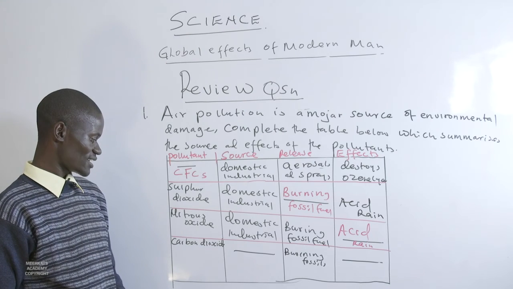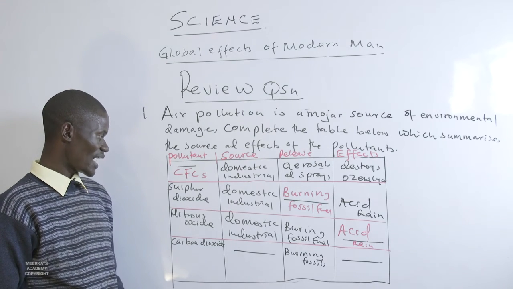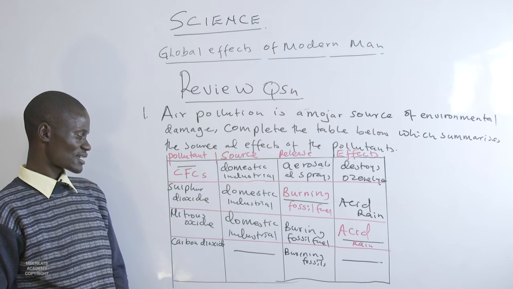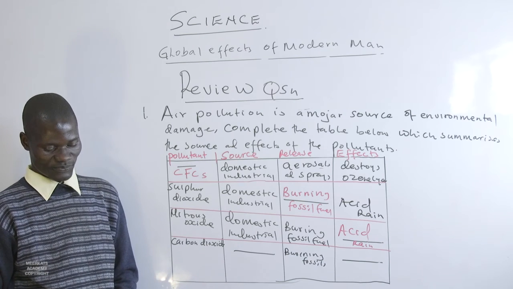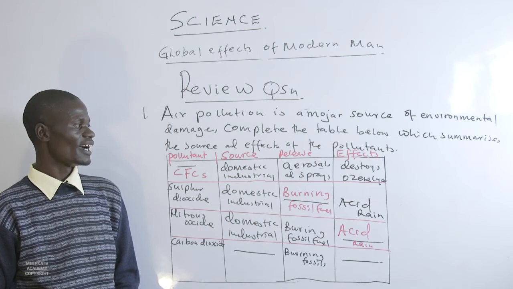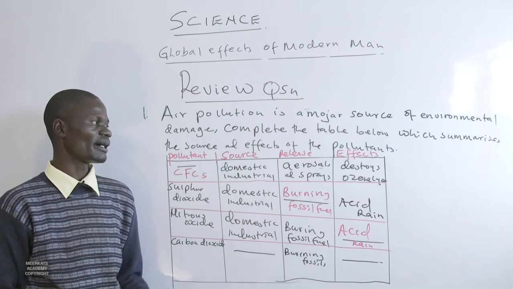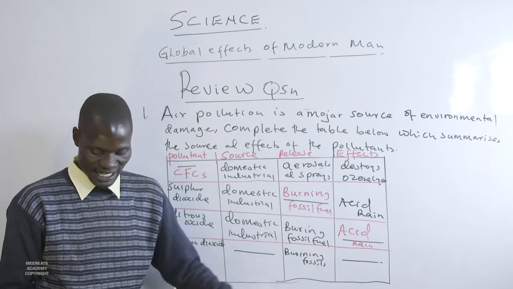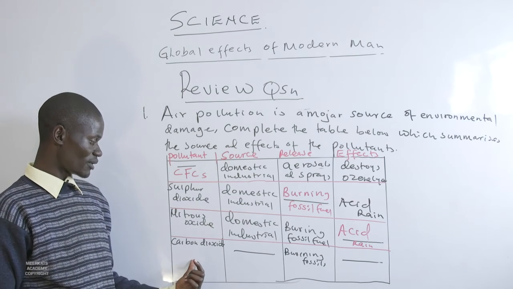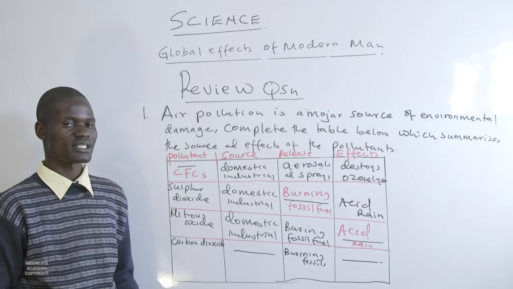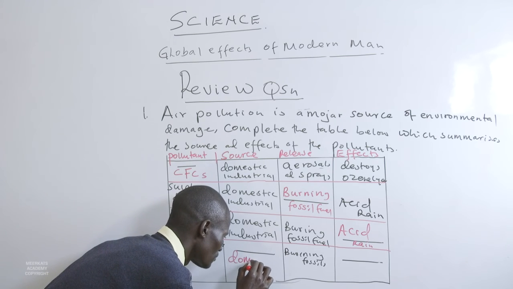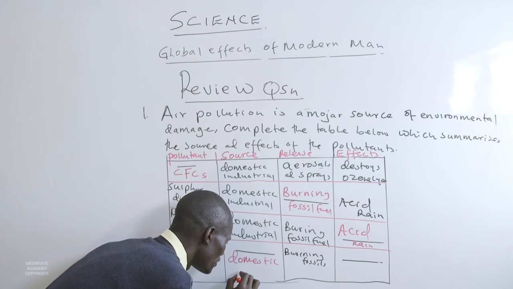And looking into that, there is also another pollutant, that is carbon dioxide. Where do you think is its source? First of all, carbon dioxide, its source is actually from the domestic industries.